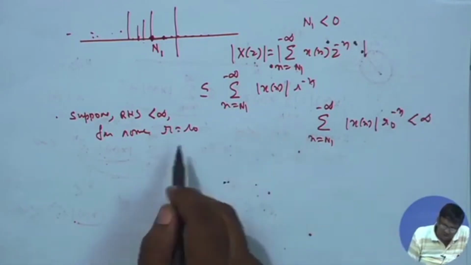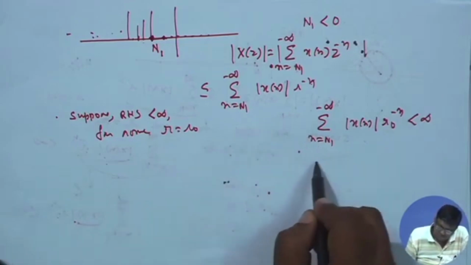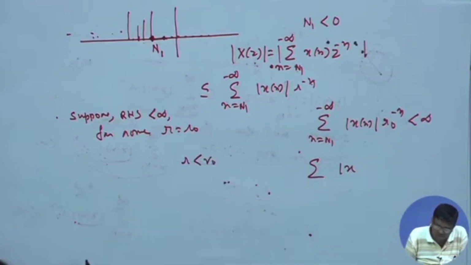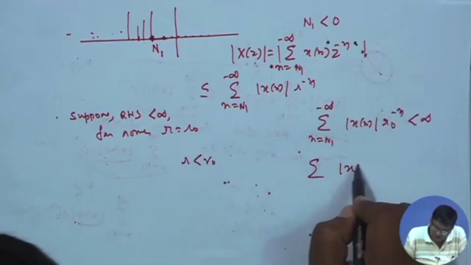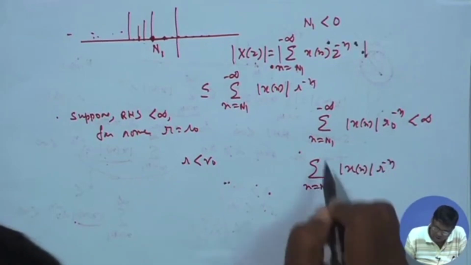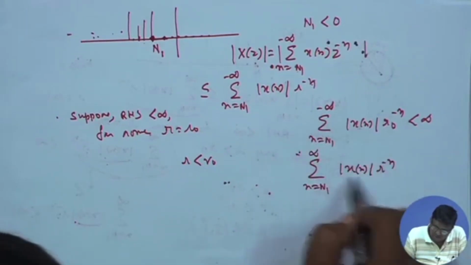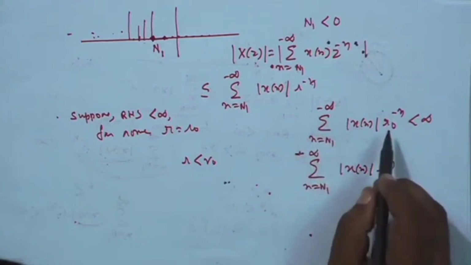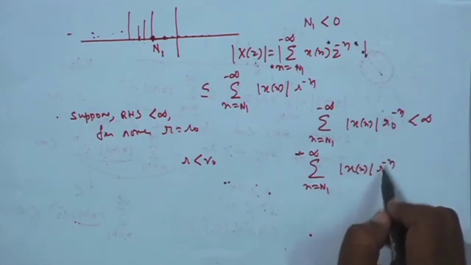Now, if I take any r less than r naught, then how about this summation? Everything else is same, mod x n, n from N1 to minus infinity, same. But here it was r naught to the power minus n, now r to the power minus n.